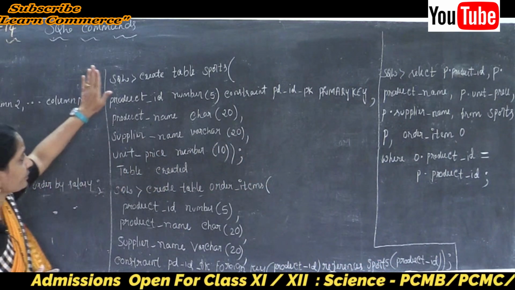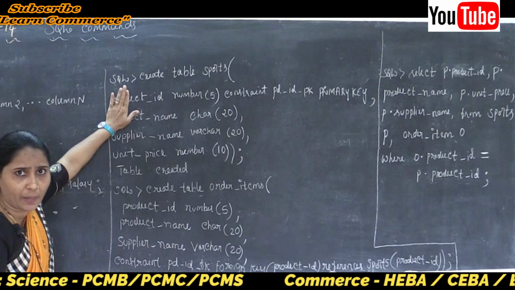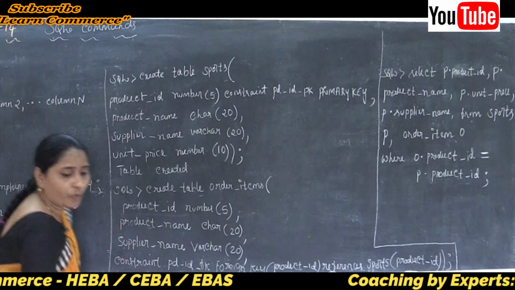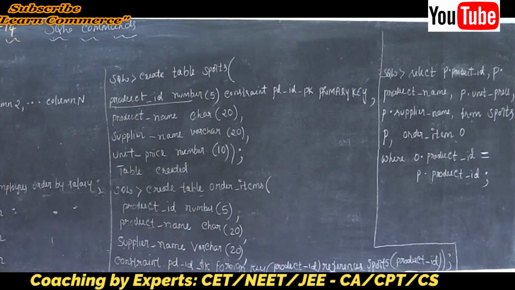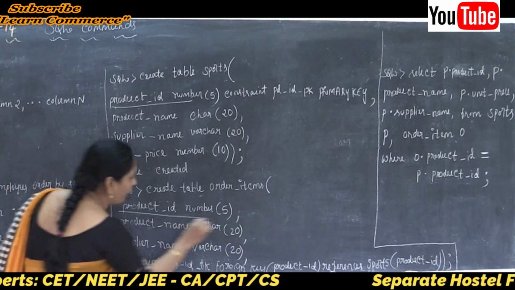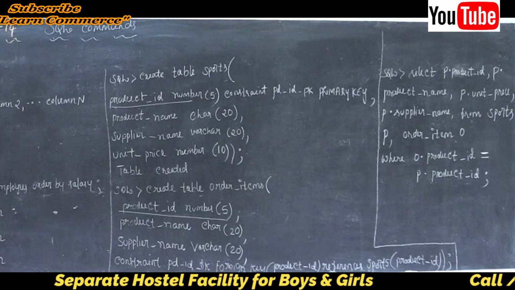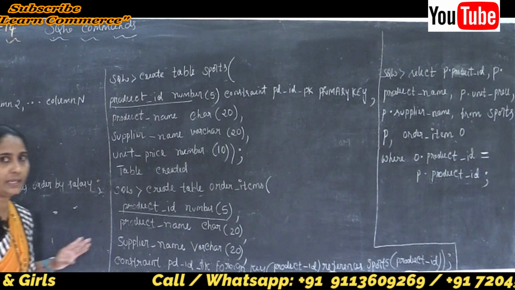That means this is the primary key column. Okay, this is the primary key column, and in this column I used it as the foreign key. Clear this point? In one column I used it as the primary key, but in the other column I used it as the foreign key. The column names are the same, the column name is product underscore ID. Clear the meaning?